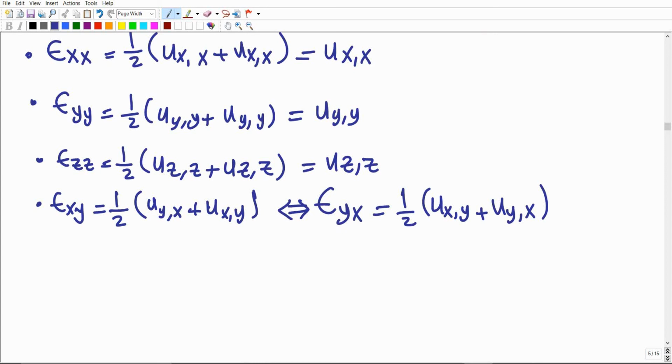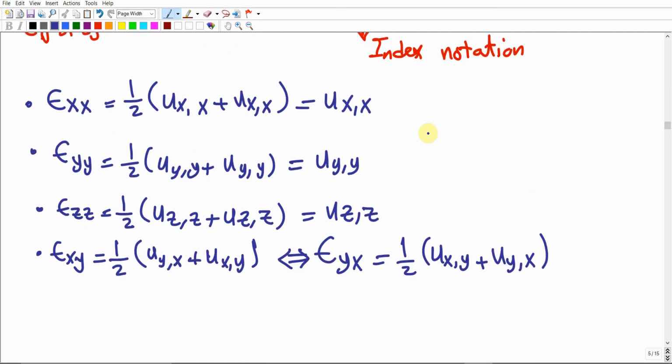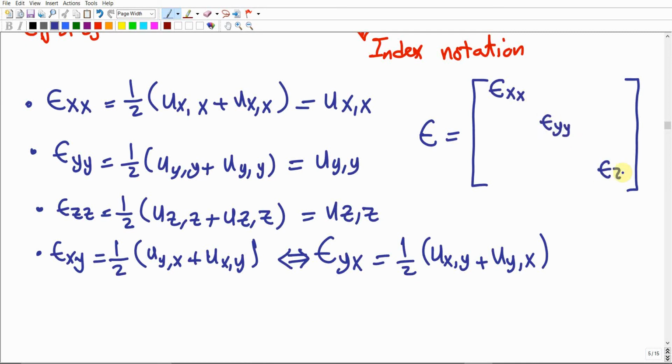The off-diagonal component, this is the off-diagonal. These are the diagonal components, epsilon xx, epsilon yy, epsilon zz. These are the components that are going to be located over the diagonal. Because if we wrote this strain tensor in the tensorial form, and this is what you considered in the mechanics of materials class, we were writing epsilon xx, epsilon yy, and epsilon zz.